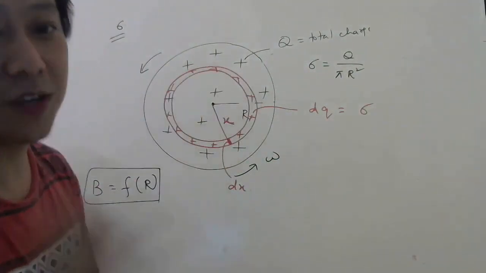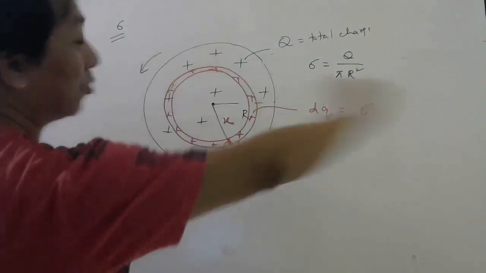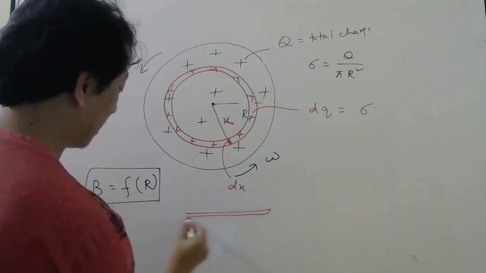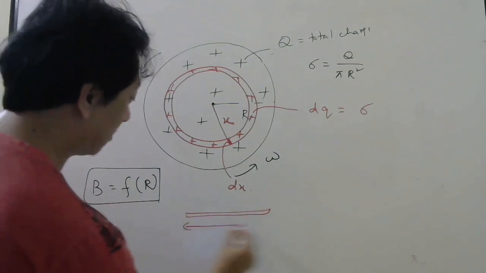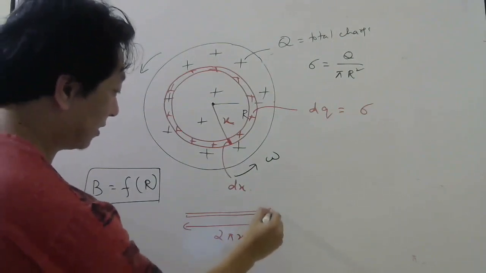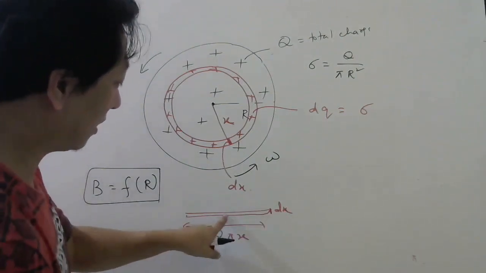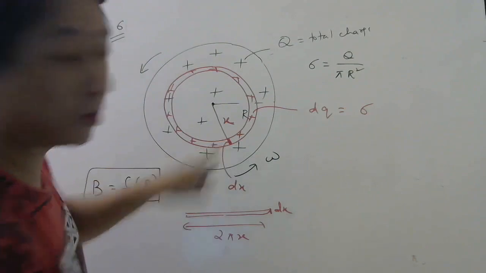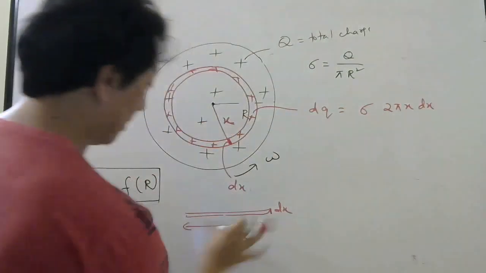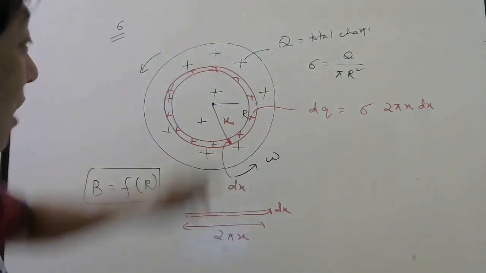Cut this and open it out, and it will be almost like a rectangle. This length will be the circumference, 2 pi x, and this thickness is dx. So the area of this ring will be 2 pi x dx, right? Length times breadth.